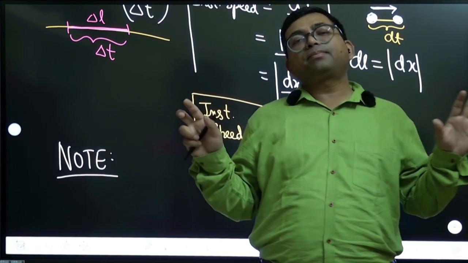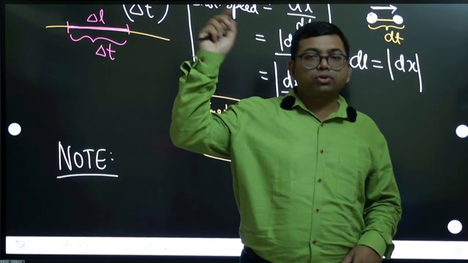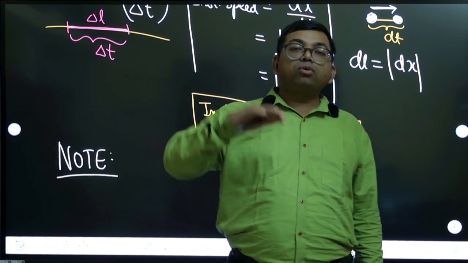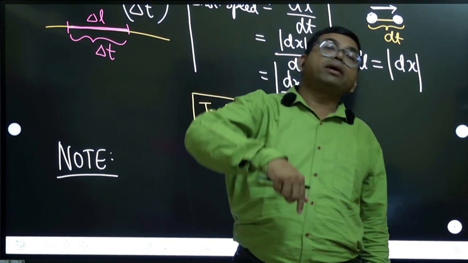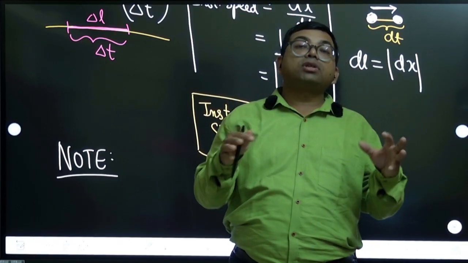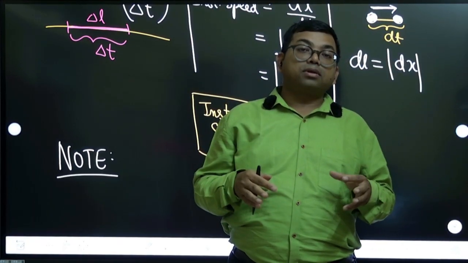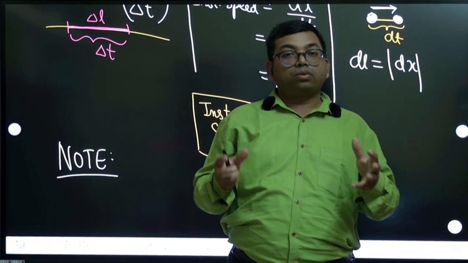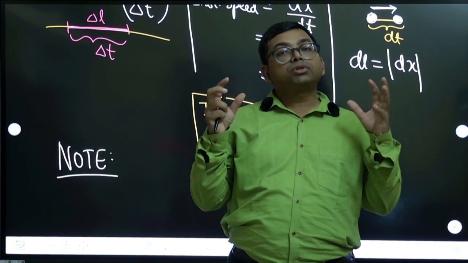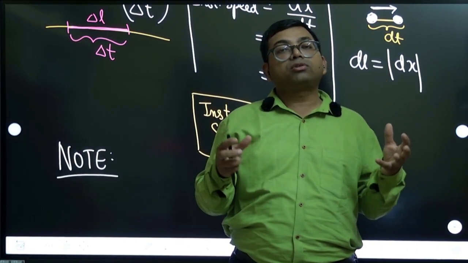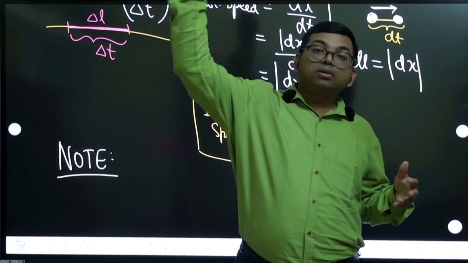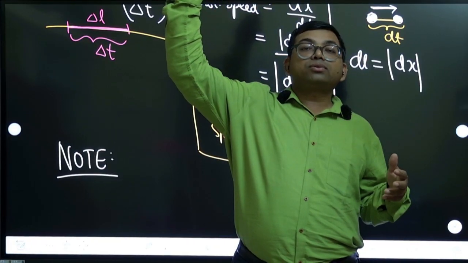A very simple example to understand that: suppose you go to school and come back home. You start from home, go to school, and again come back to home. So your initial and final position is the same, so displacement is going to be 0. But you have covered distance, you have gone very far away to school and come back.